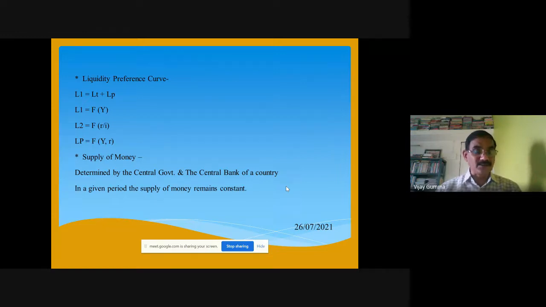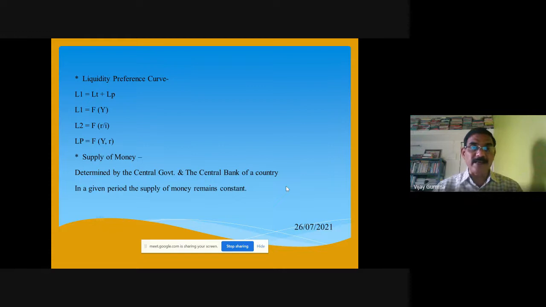The higher the rate of interest, the lower will be the cash balances held by the people, and the lower the rate of interest, the larger will be the cash balance held by the people for speculative motive. This clearly shows that there is an inverse or indirect relationship between rate of interest and demand for money for speculative motive.